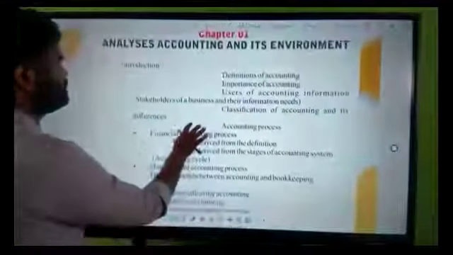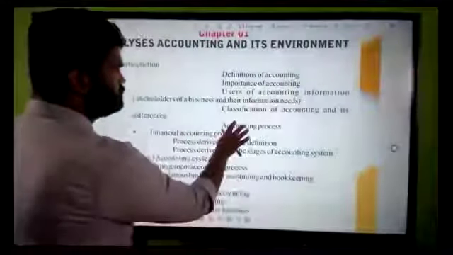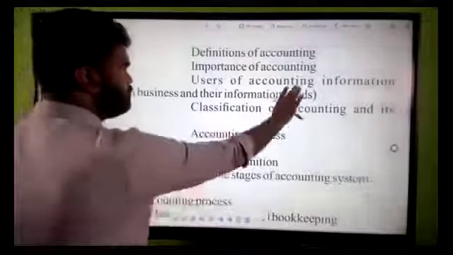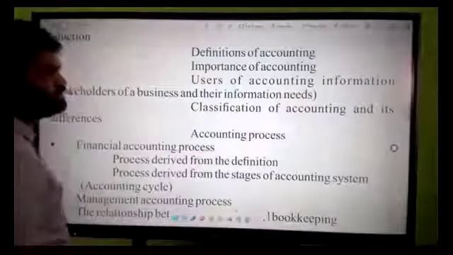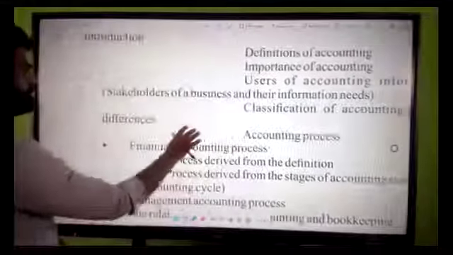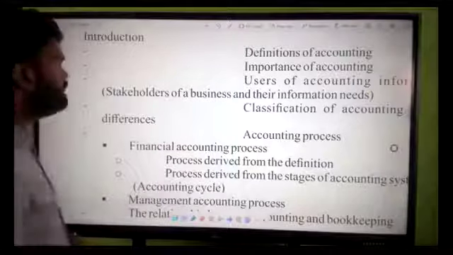Basically, the importance of accounting you should know. You should have an idea about it. Then users of accounting information. Who are the users? Who are the stakeholders? Those who use this accounting information.